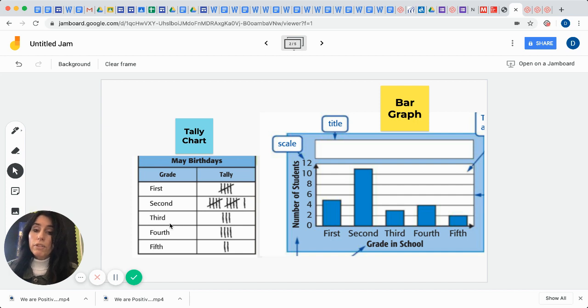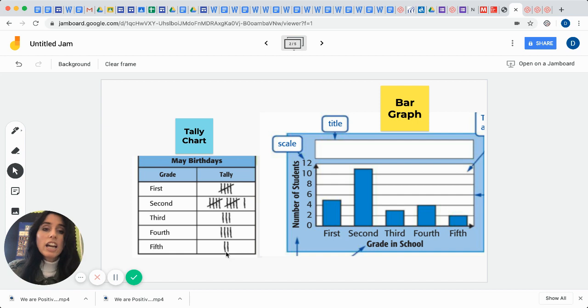For the third graders, it looks like their data shows 3 students had May birthdays. And for fourth grade, show me with your fingers how many students are represented as having a May birthday, and the answer is 4. And for the students in 5th grade that have May birthdays, the answer is, show me with your fingers. You got it.